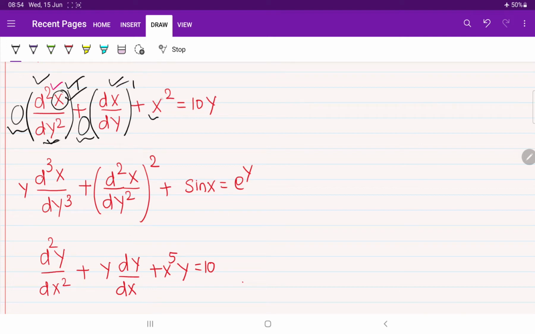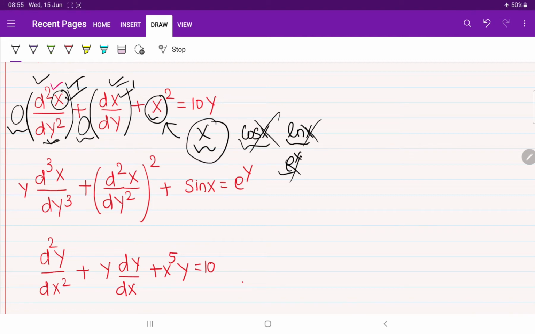After that, here in this equation, we are differentiating x only. If x is existing alone, then you have to cross check whether x is in the form of simply x or it is in the form of cos x, ln x, sin x, e power x. If it is in this format, then directly you can say that the equation is non-linear. No sir, it is not in this form. It is simply x only. In that case, just check whether the degree is 1 or not.